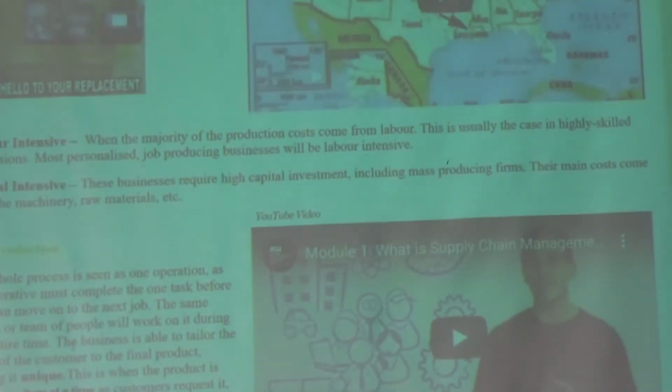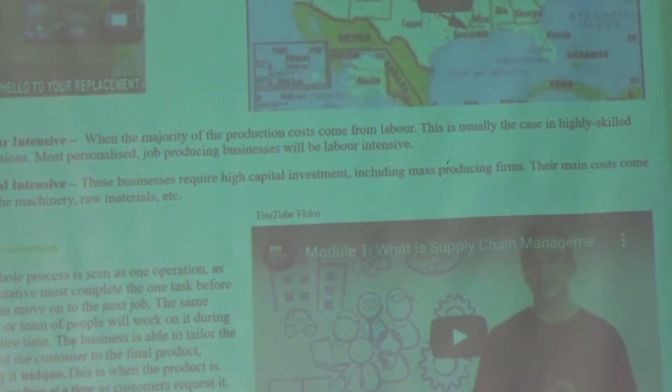These processes, as you just saw, if you want to have a definition, is when the majority of production comes from labor. It's called labor intensive. Usually skilled professions, more personalized, more customized production.